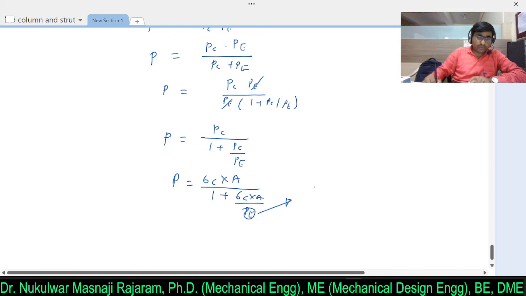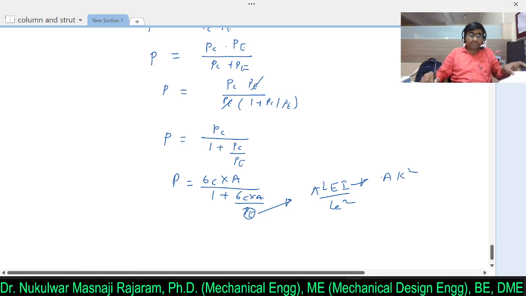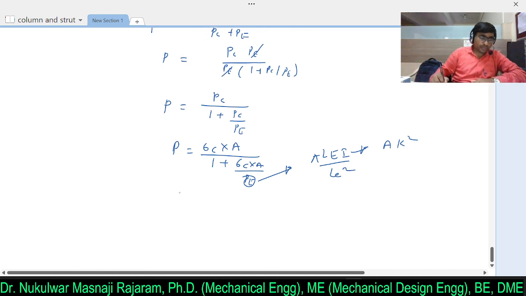Instead of Pe, we can write pi square EI divided by L square, and instead of I I will write A k square. Definitely that k value must be the least value. Clear.